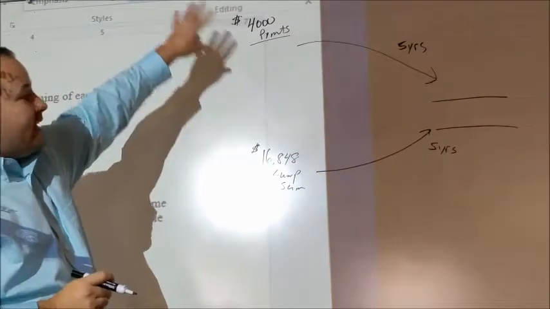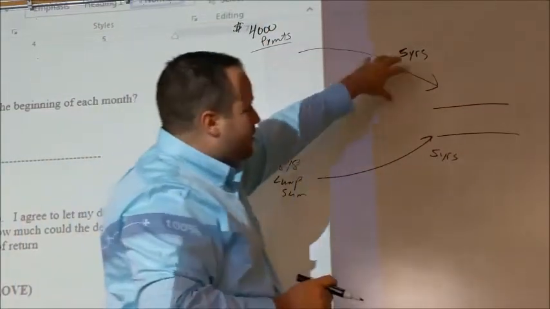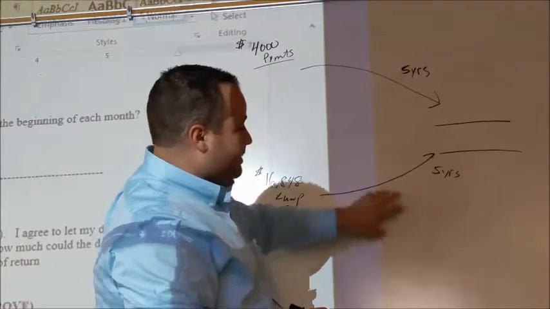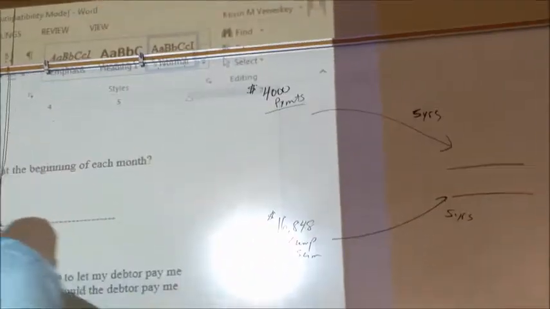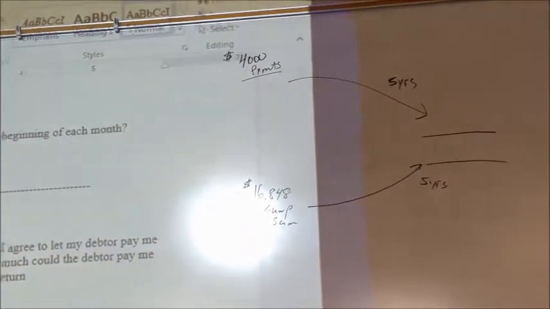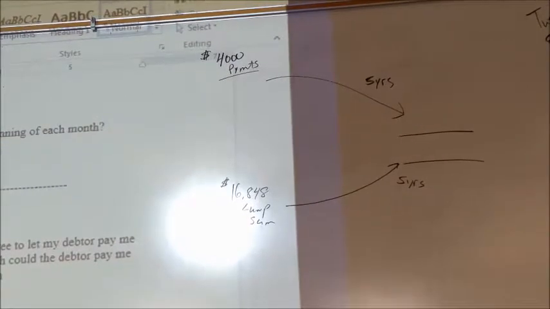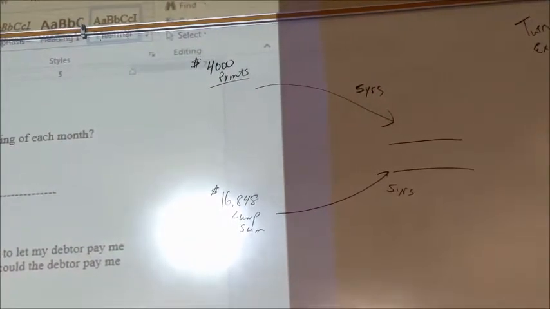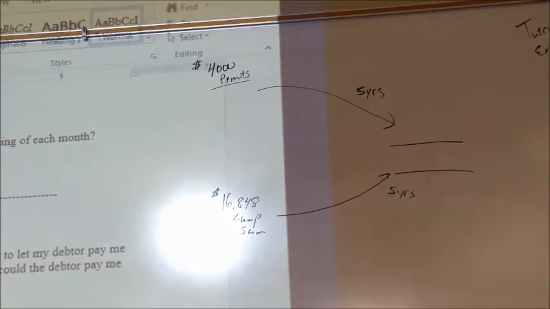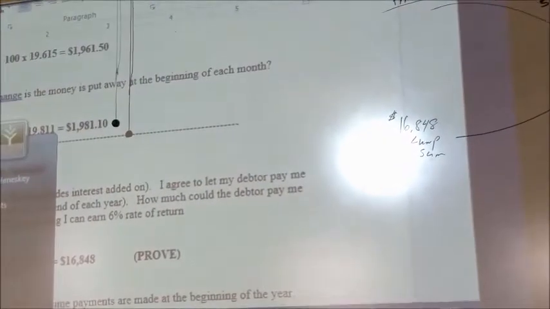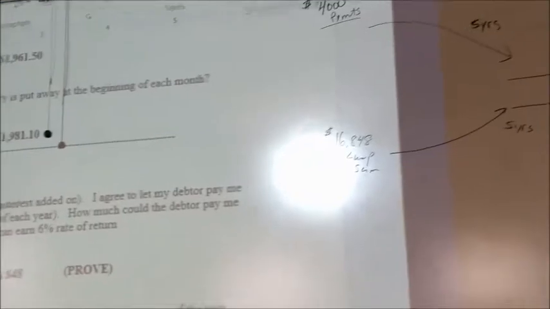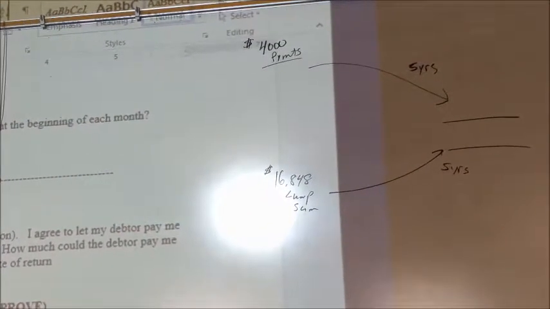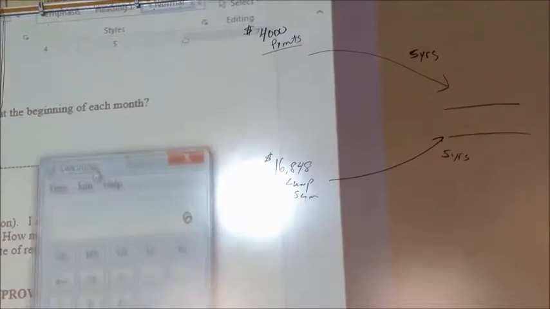Both of these I'm going to invest, $4,000 a year at the rate that's given, or $16,848 at the rate that's given. Calculator.